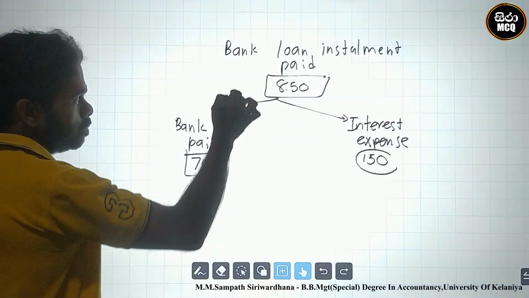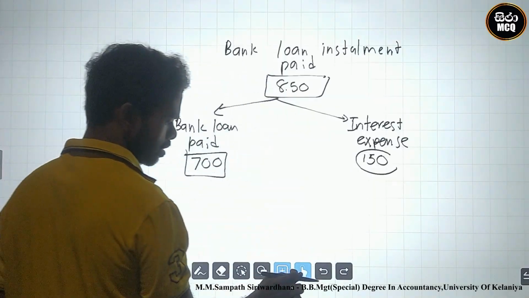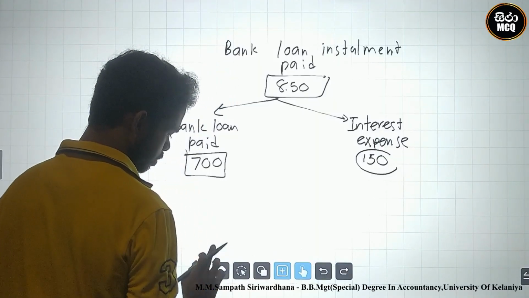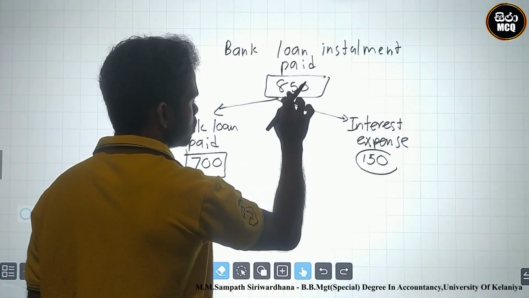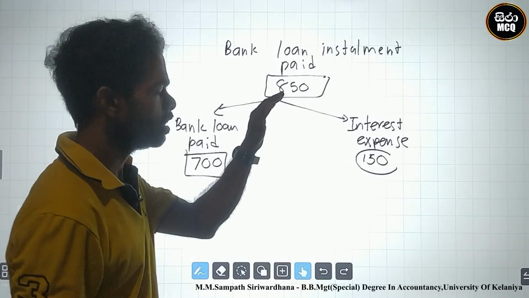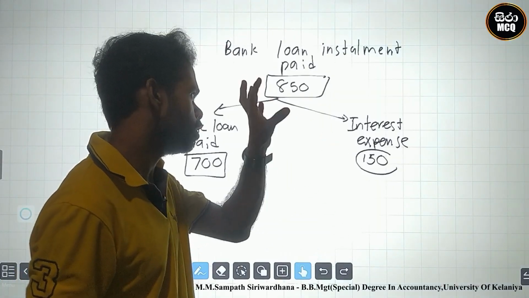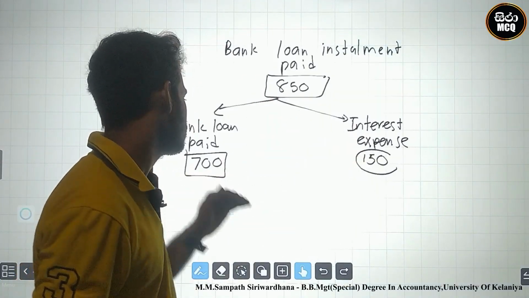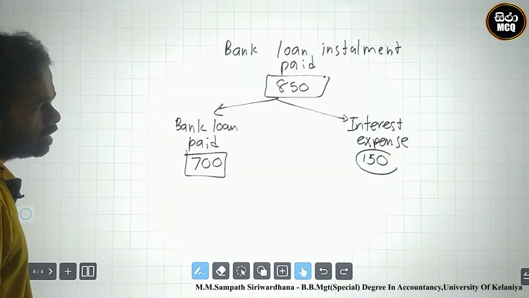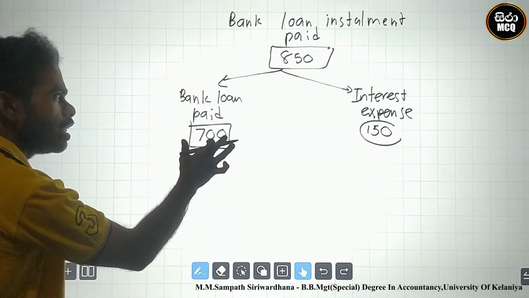This one is the paid amount. Paid amount 850. There are two things included: interest expense and bank loan paid. At this time, what are the correct double entries?